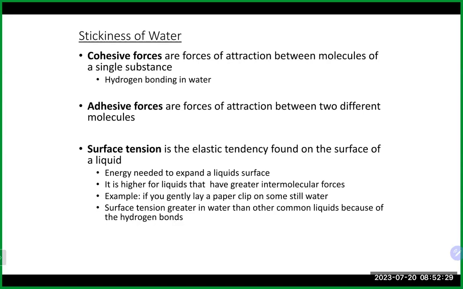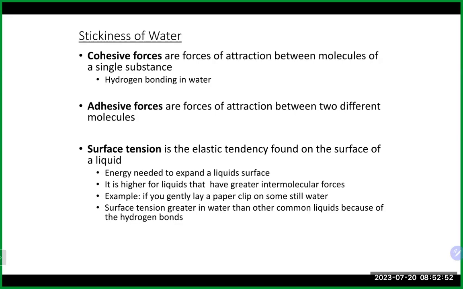Now, surface tension is the elastic tendency found at the surface of a liquid. Energy is needed to expand the liquid surface. It is higher for liquids that have a greater intermolecular force. So, for example, if you lay a paper clip on some water, you can get it to float there without breaking the surface.